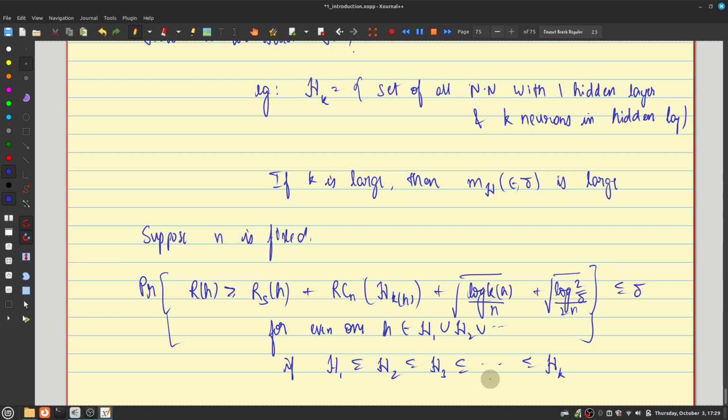So in other words, you're looking at a sequence of hypothesis classes of increasing complexity. For example, if you look at a class of neural networks with, say, 3 neurons in the hidden layer versus 4 neurons in the hidden layer, H3 is a subset of H4, because you can obtain H3 by just setting some of the weights to be equal to 0.